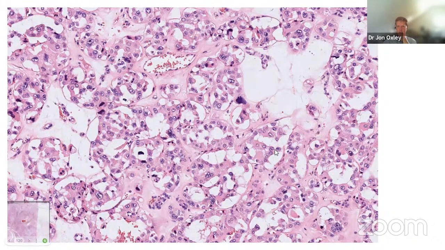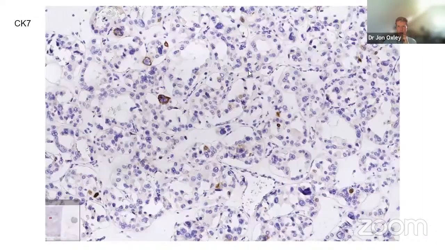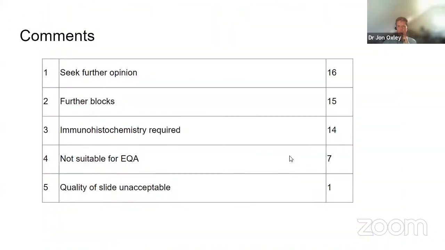But again, some nuclear enlargement. And this is the CK7 showing really just a rim of positive staining as you'd expect, and occasional positive cells, but pretty much negative. Usual mix of people, not very high in the numbers.